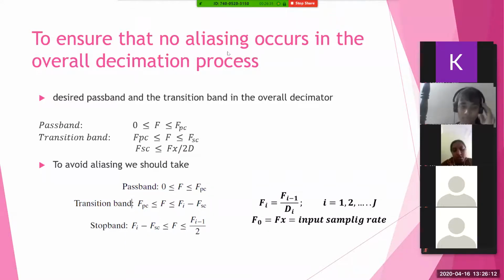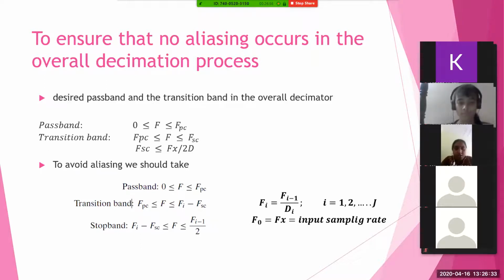By almost the same factor, the upper band of this stop band frequency will be Fi minus 1 by 2, which means the previous stage sampling rate divided by 2.